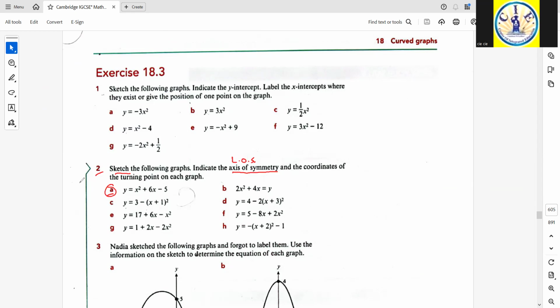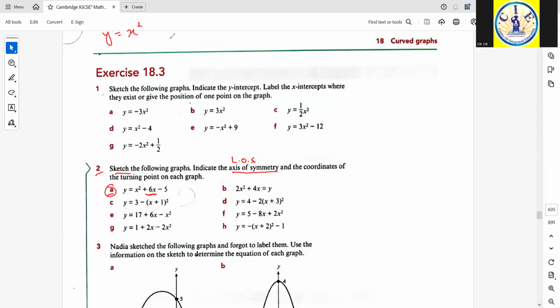You can see the given equation is y equals x squared plus 6x minus 5. So we need to sketch the graph. For sketching, let's first of all factorize it. The factorization method is like, for example, x squared, and you need the middle term breaking method, splitting this middle term 6x into two of its factors.